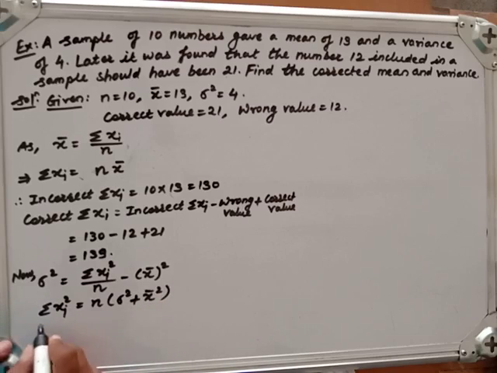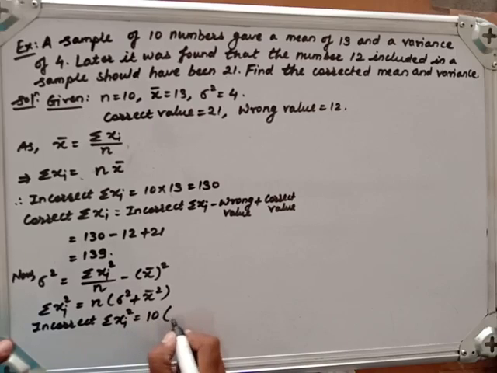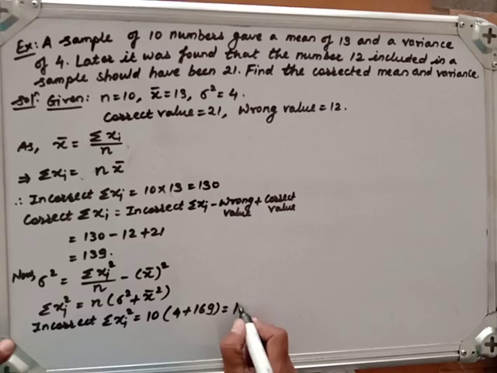So the incorrect summation xi square is equal to 10 into 4 plus 169, so it is 1730.